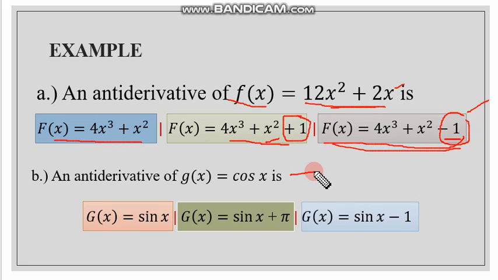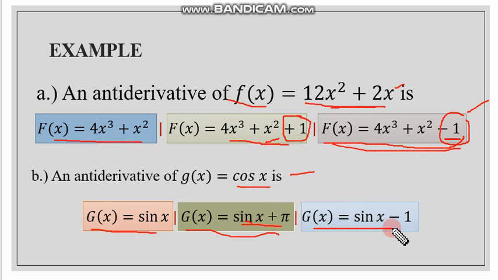Okay, so another example here, the antiderivative of g of x, which is equal to cosine x, is first, G of x is equal to sine x, and it's possible that the answer is G of x is equal to sine x plus pi, because again, the derivative of sine x plus pi is cosine x.